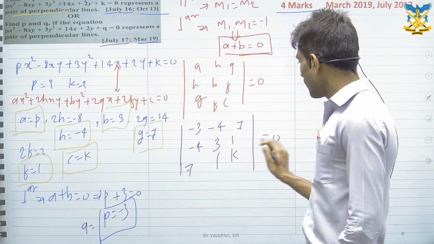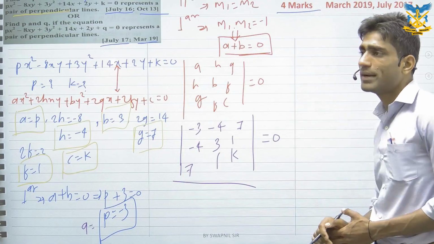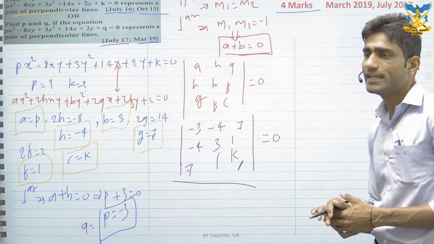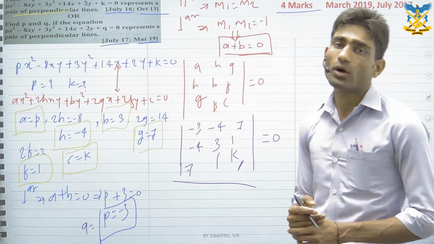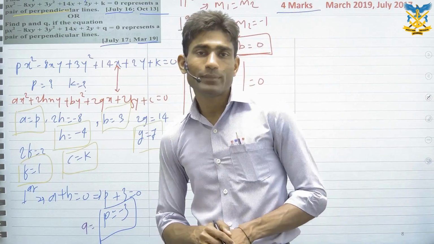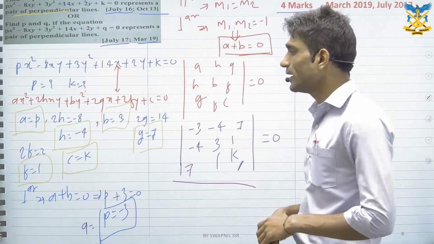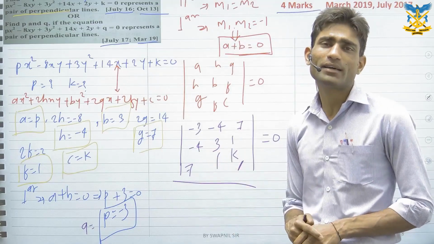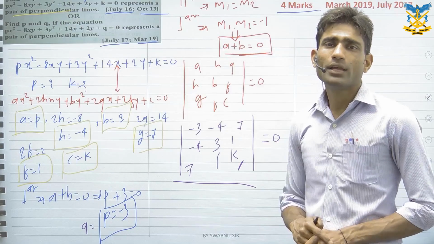So find this 3 by 3 determinant, as only the constant k is present in it. The value of k will come after solving this determinant. I'm not going to explain this 3 by 3 determinant, as we have explained a similar determinant example in my previous slide.